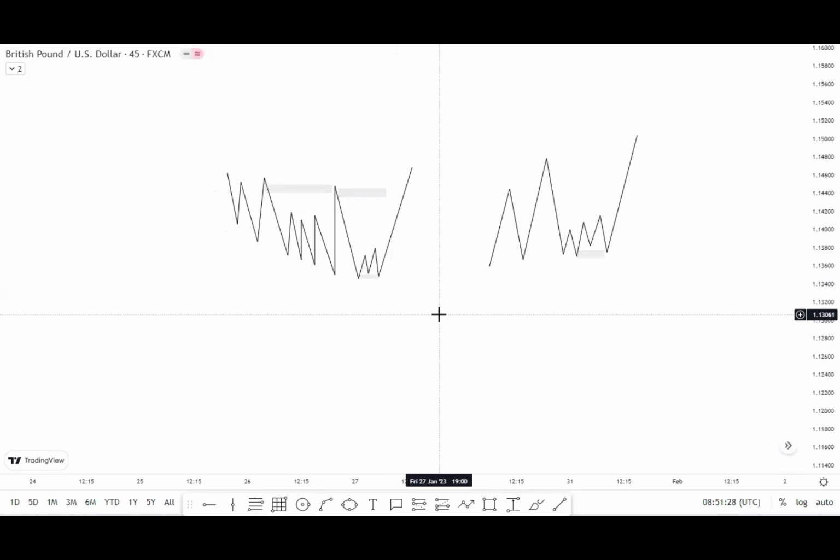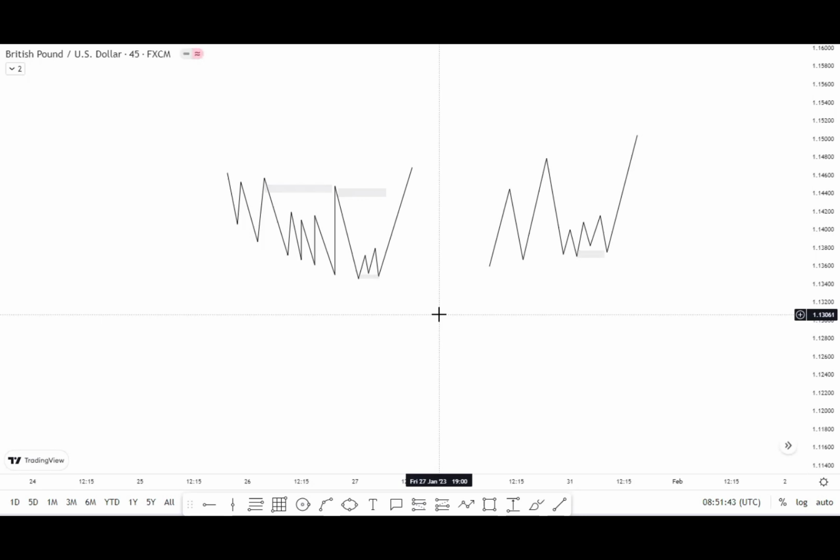Internal range liquidity is the kind of liquidity that forms up within the external range liquidity, which is the major liquidity.